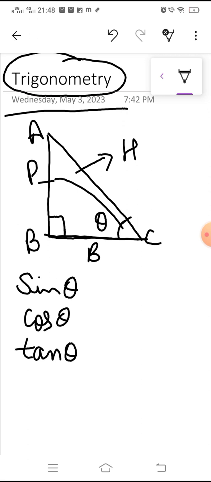Now here we will introduce some trigonometric ratios, like sine theta, cos theta, tan theta, right? And then cot theta, sec theta, and cosec theta.